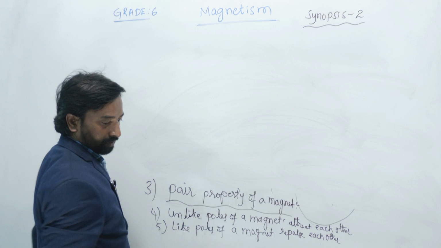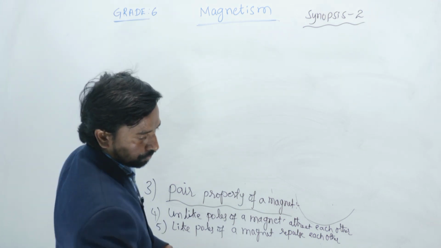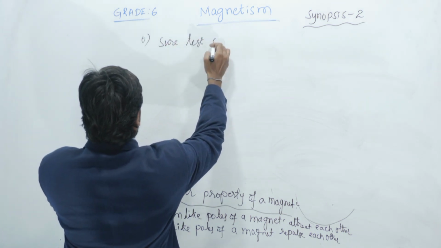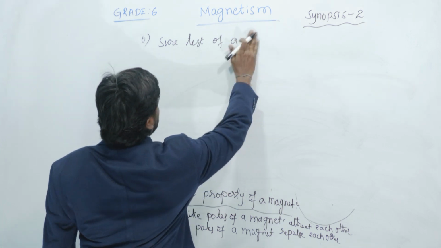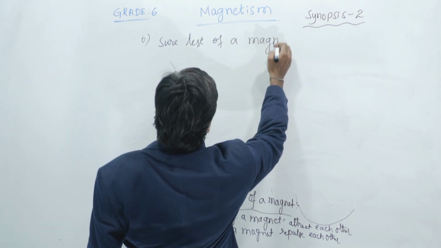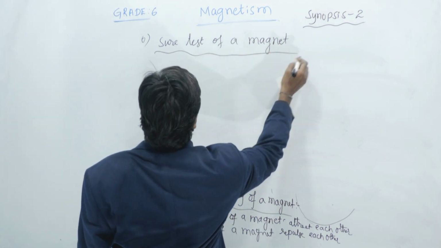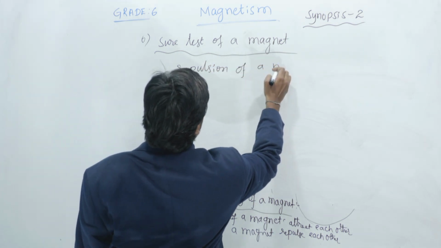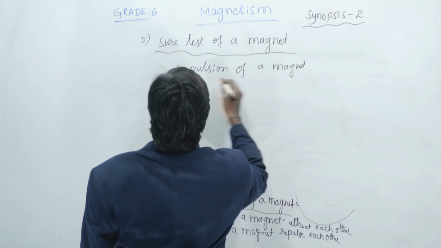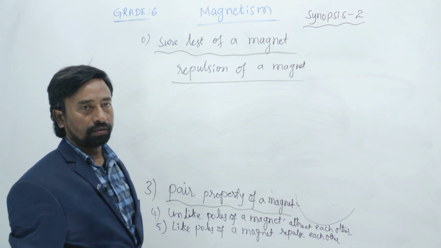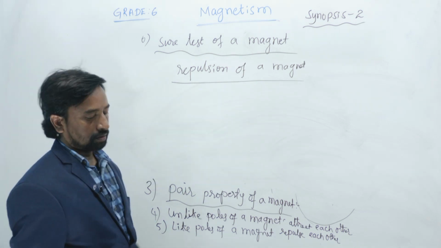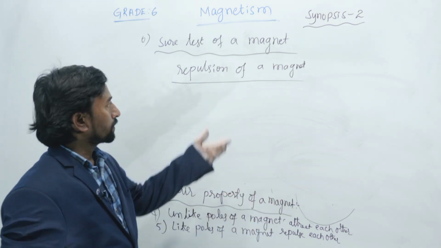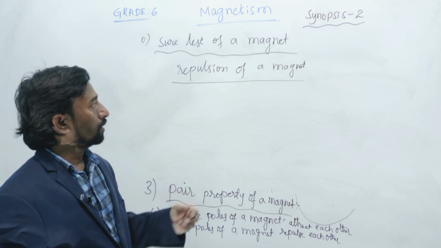The sure test of a magnet is repulsion, because whenever they repel, a strong repulsion takes place when like poles are brought near each other. So the repulsion will be faster than the attraction.